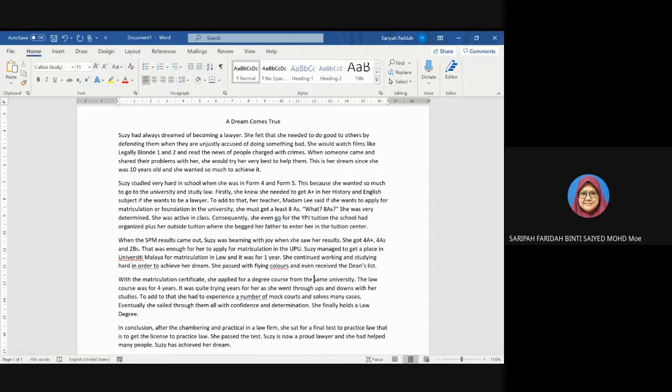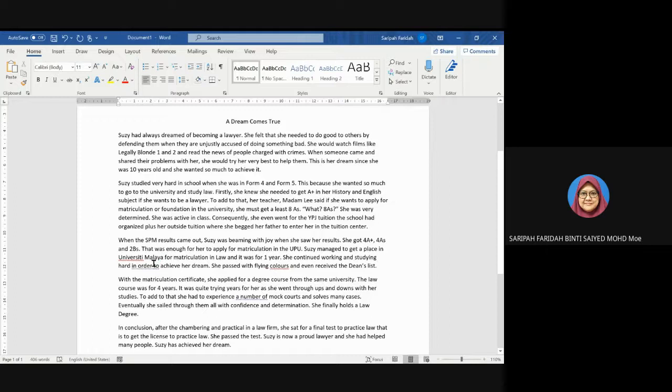And then organisation, there is paragraphing. First secondary school, then matriculation, after matriculation going for a degree. The paragraphing is nice. And then language. The examiner reads again to see if there are mistakes, whether the sentences are okay. "She even go" is wrong. Okay, went, even went for the YPG tuition and the school had organized. Okay, blah blah blah.